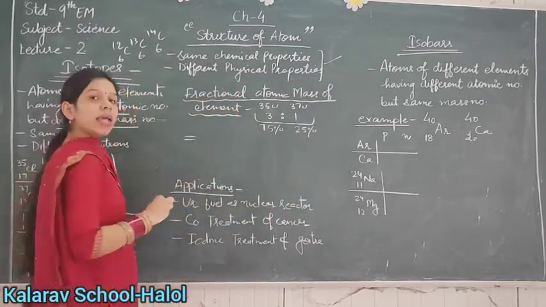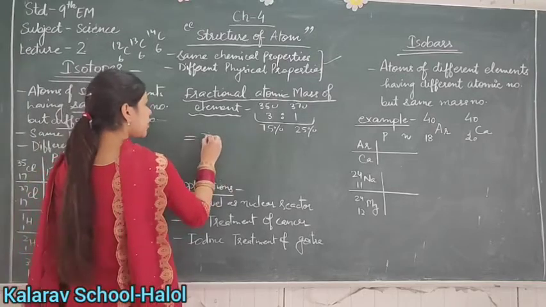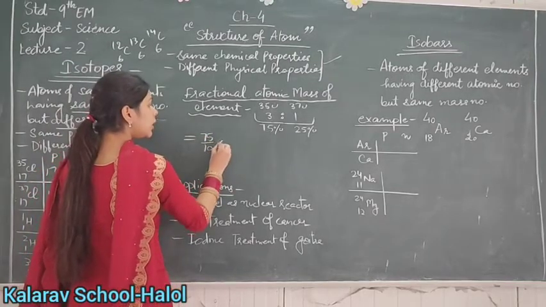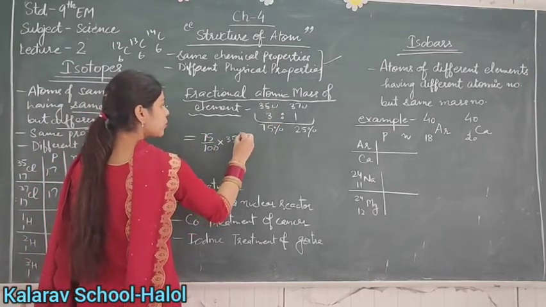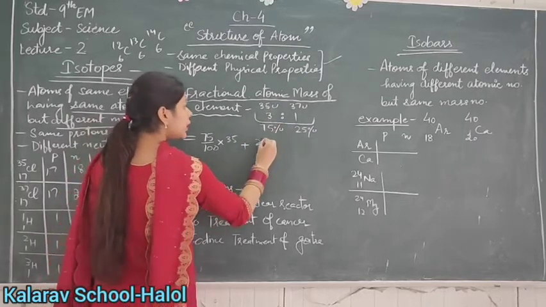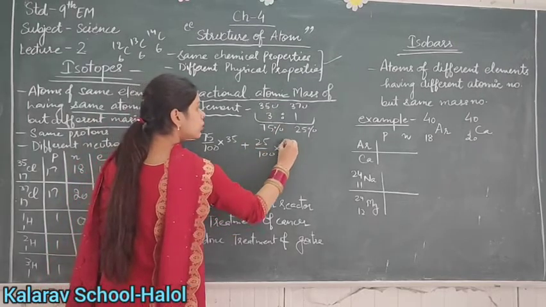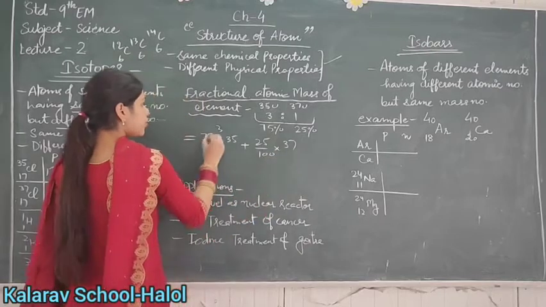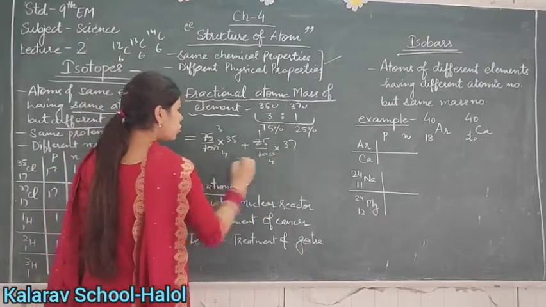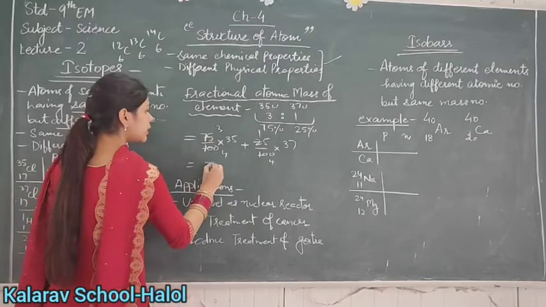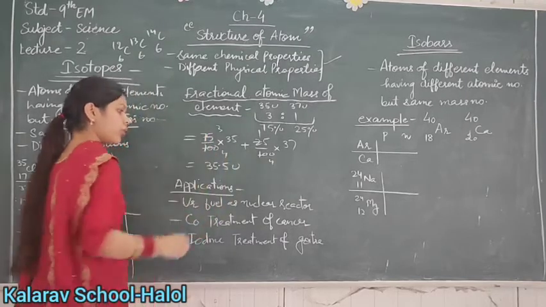So how do we calculate the average mass? That is 75 upon 100 into 35 plus 25 upon 100 into 37. You can calculate that it is 35.5 U.